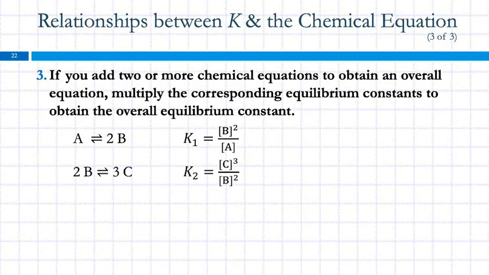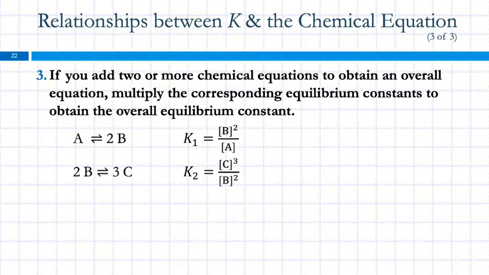If you add equations to get an overall equation, you multiply the equilibrium constants. It's a little bit like the logarithm stuff, right? If you're multiplying, you add, etc.